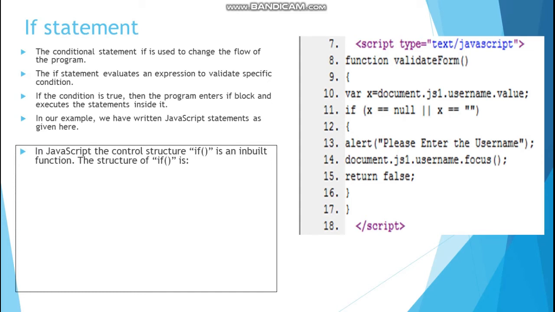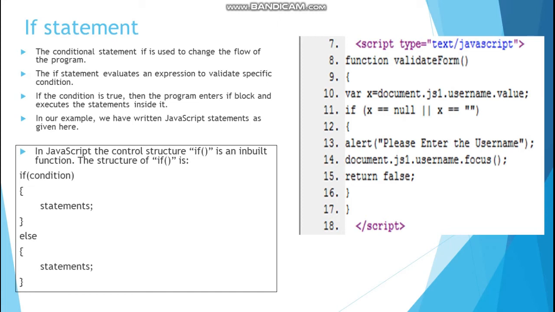Here if is actually a function. The structure of if is: if, then inside round brackets we can write the condition. Remember, while using if, you do not give a semicolon at the end. Then a curly bracket, then we can write statements, curly bracket over, then the else part, then again a curly bracket, again statements, and then the curly bracket over.